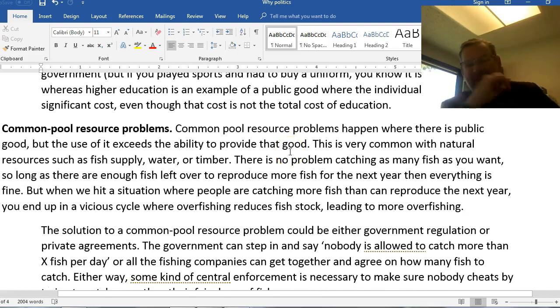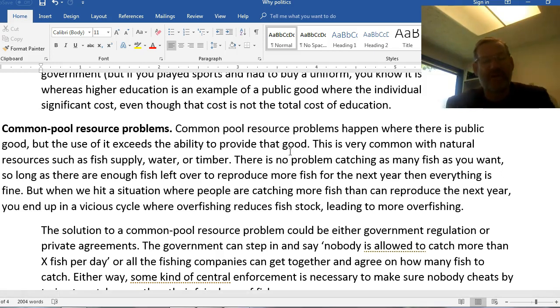The last one I want to look at is what we call common pool resource problems. Common pool resource problems happen when there's a public good, but the use of it exceeds the ability to provide or replenish that good. Common pool resource problems happen a lot with natural resources such as fish supply, water, timber, okay?